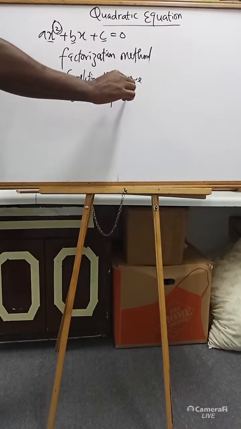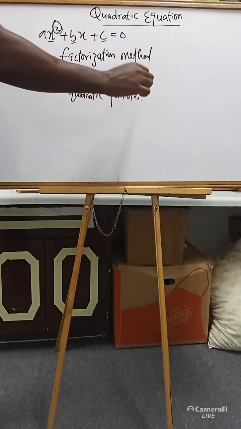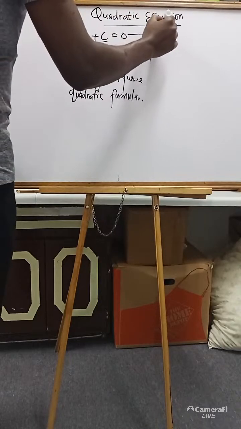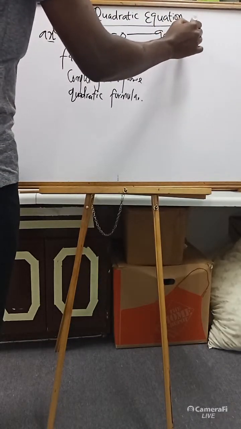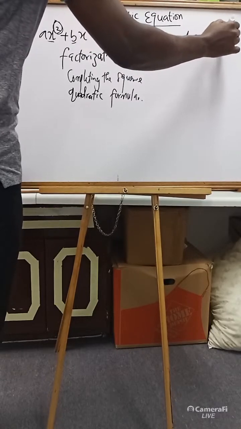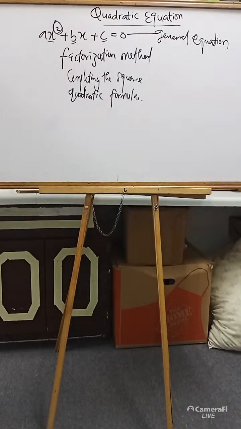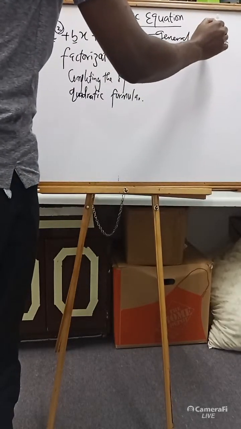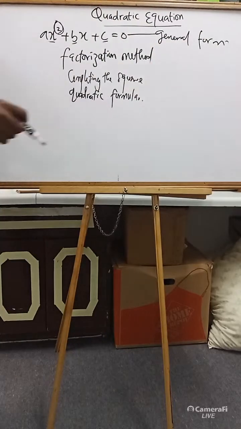Some call this the almighty formula. And don't forget, this is known as the general form for a quadratic equation. Let me call it the general form instead of the general equation.